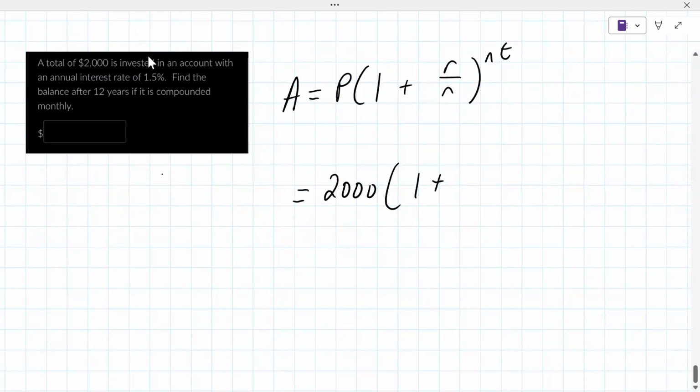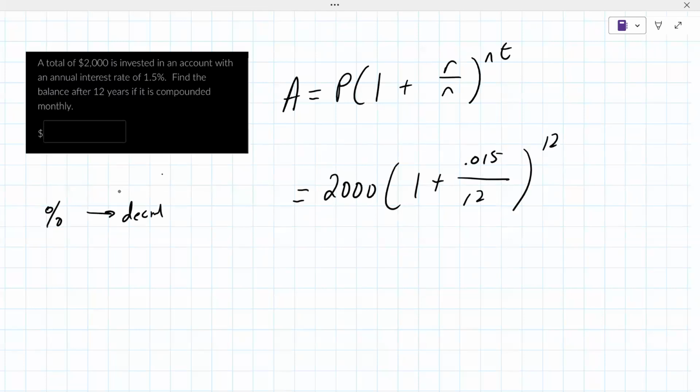Can you convert that to a decimal? 0.015. Yes. And then monthly is 12 for N, and then it's 12 years. So grab a calculator or use that one I recommended and see what you come up with, please.